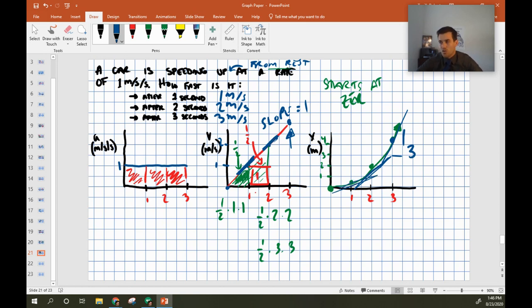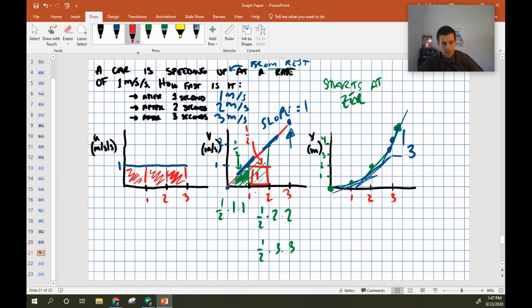So just like that, we can use some of our position information to figure out velocity graphs. But I'll tell you again, for curved lines, you're not expected to find exact slopes. The best thing to do is either to draw a tangent line or to do your best and pick 2 points that are along your parabola, connect those, and then estimate what the slope would be along that area.